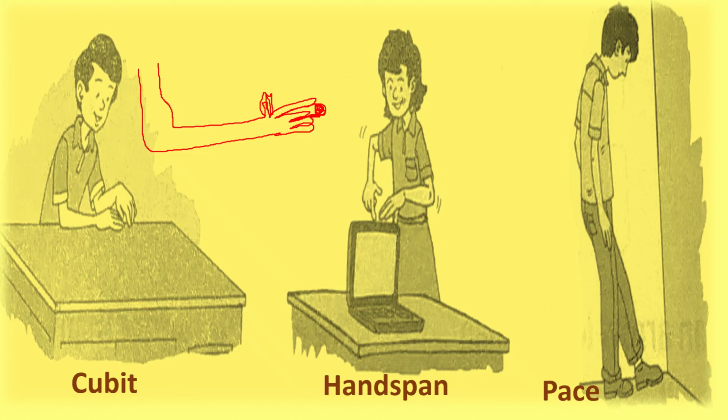Your cubit starts from the elbow to your mid finger. Because your mid finger is a little bit longer than the others, it's measured from my elbow to your mid finger. Hope you got the point.